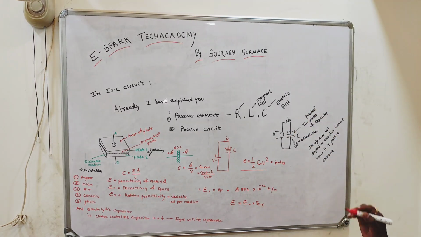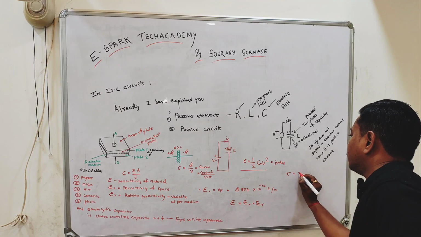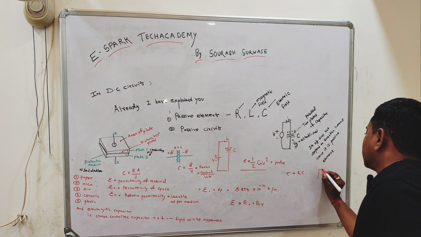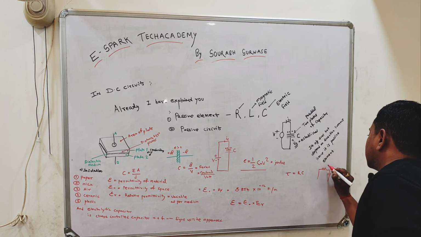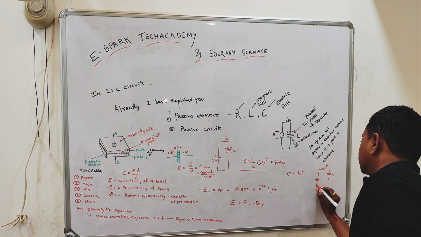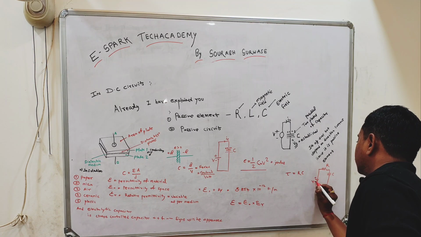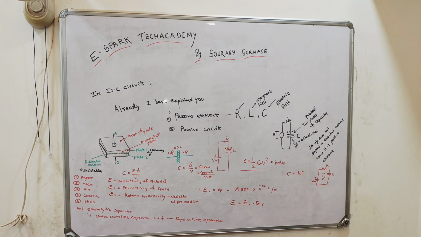In a nutshell I will explain one thing, which is tau. Tau is equal to R into C for this kind of RC circuit. R is the resistor, this is the capacitor, this is the voltage applied across it, and some current flows through it.